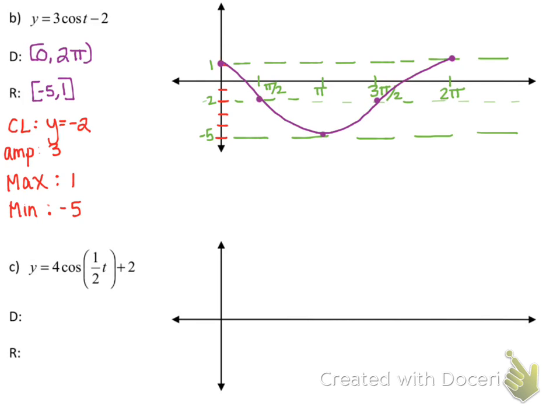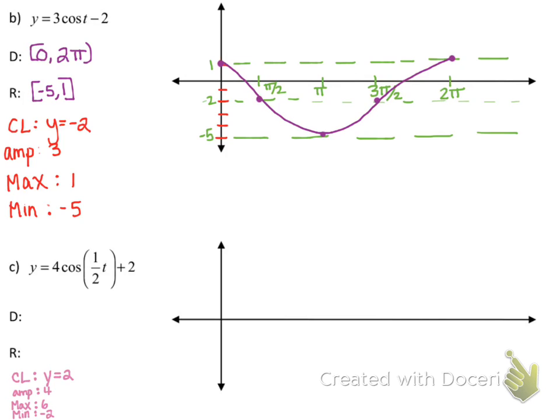In C, we have a center line at y equals 2, because we went up 2. Our amplitude is 4. So our max is going to be 6, and our min is going to be -2.